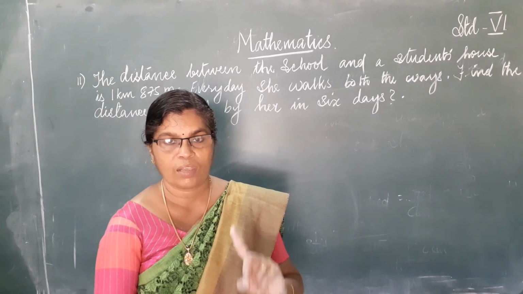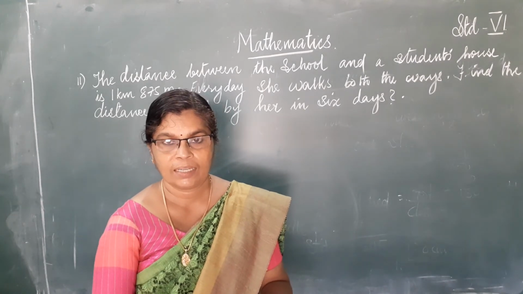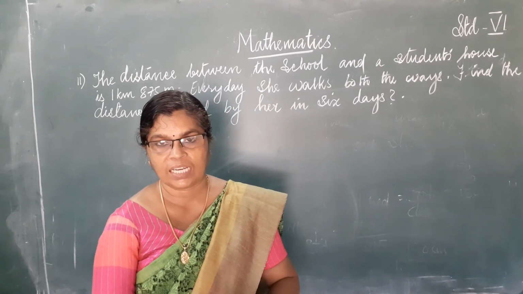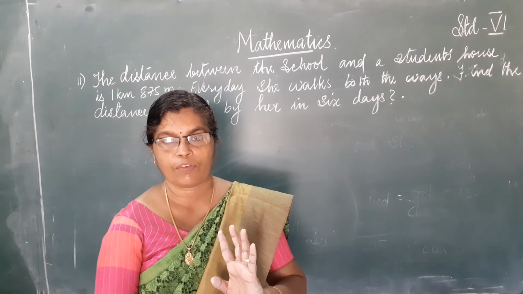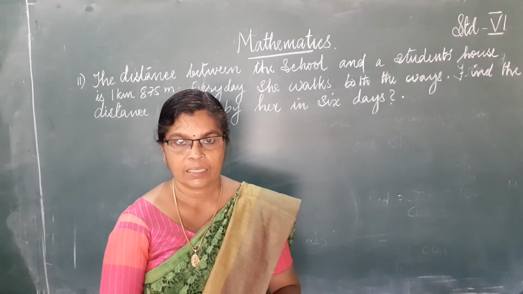If it is so, in one day how much she is walking we can find, then for 6 days. In one day find the distance, then multiply by 6, and we will get the distance walked by her in 6 days. Right?